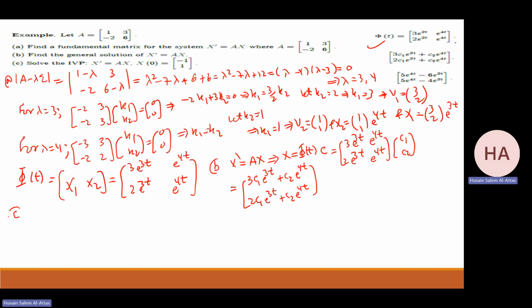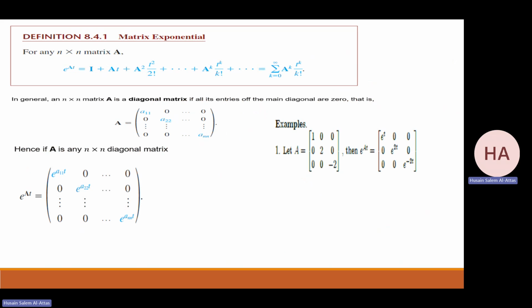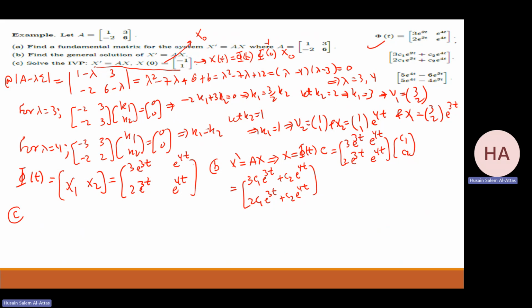Part C, I need to solve this system. What will be my solution? It is phi of t times c, where c is phi inverse at 0 times x0, where this is my x0. So I need to find phi at 0 first.